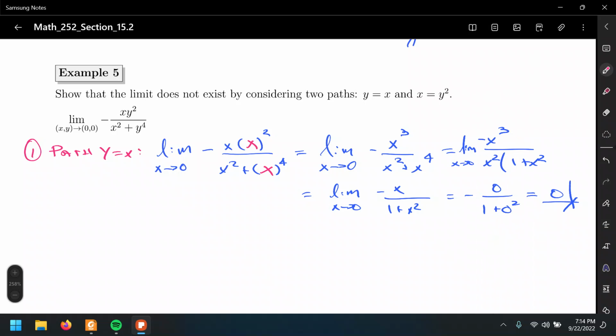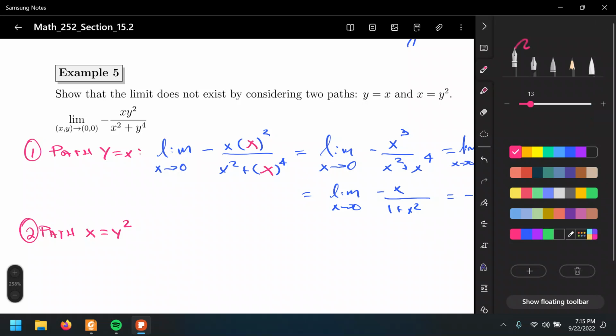Let's discuss the second path. For the second path, they're asking us to replace x with y squared. So every instance of x, replace with y squared.